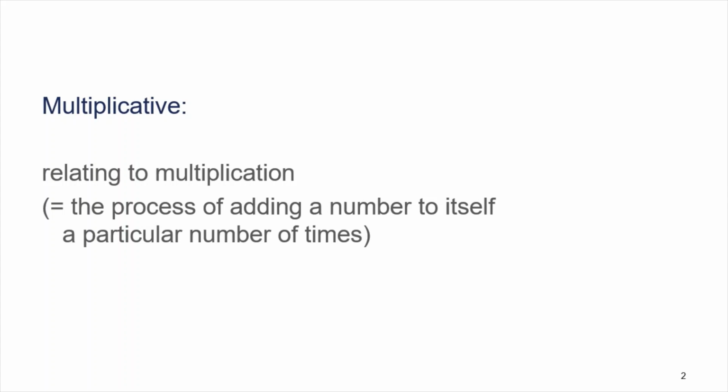But in this dictionary, and I'm not going to name and shame, they have brackets afterwards, equals the process of adding a number to itself a particular number of times. Firstly, I object to the equal sign being used in that way. It's a terrible use of the sign. But more fundamentally, is multiplication always repeat addition?